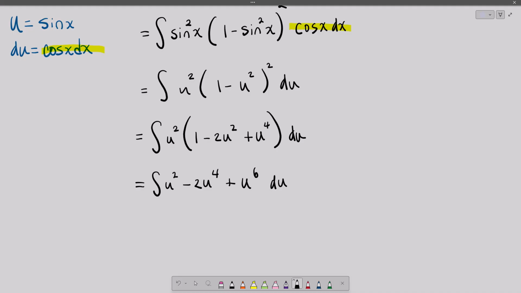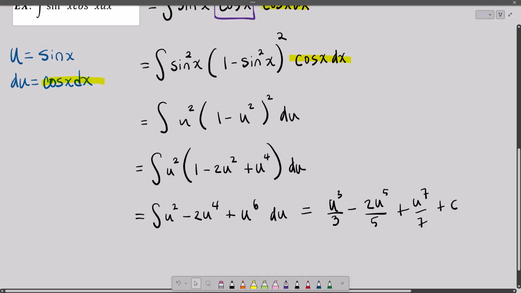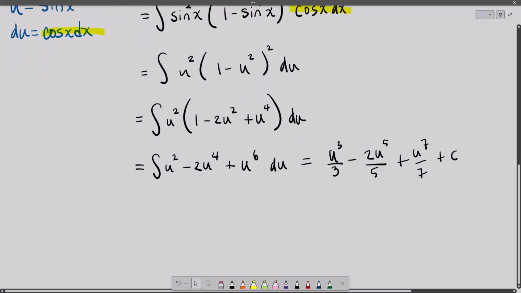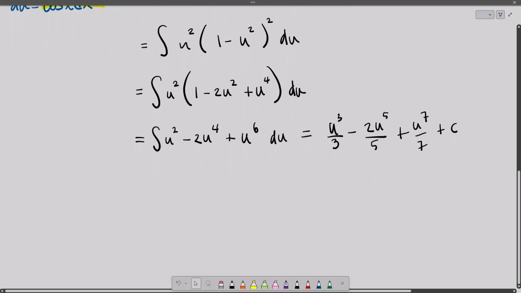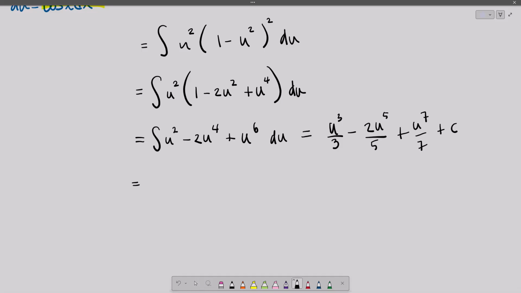And now we can integrate using the power rule, back substitute, get the sines back into play. So we're going to have u cubed over 3, minus 2u to the 5 over 5, plus u to the 7 over 7, plus c. And u is equal to sine of x. So now we go back to sine. So our final answer, maybe I'll write it in descending order.